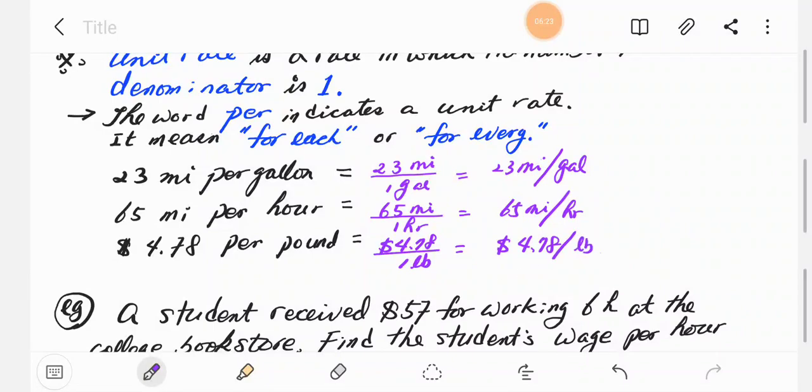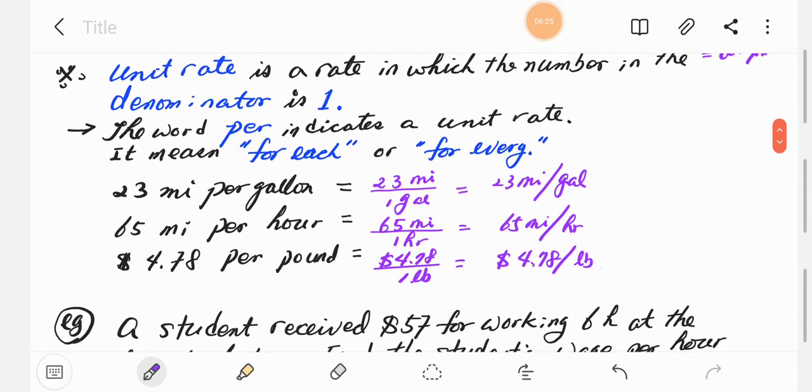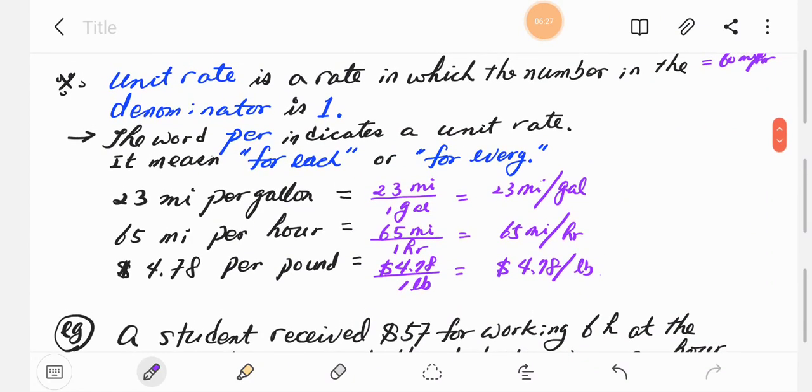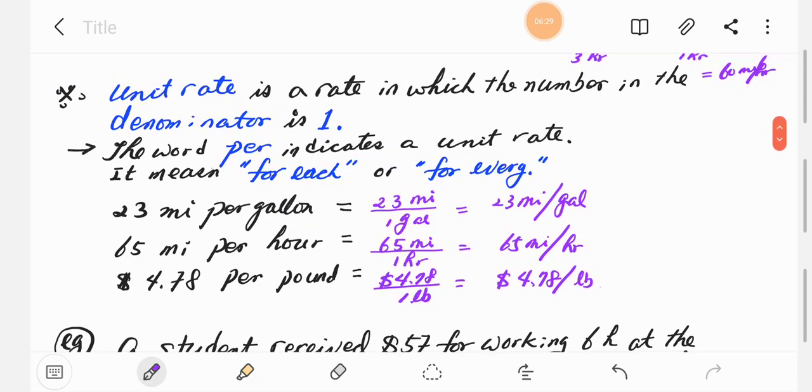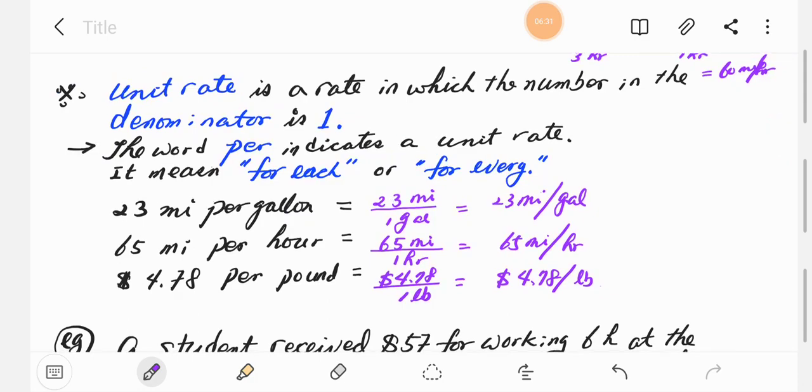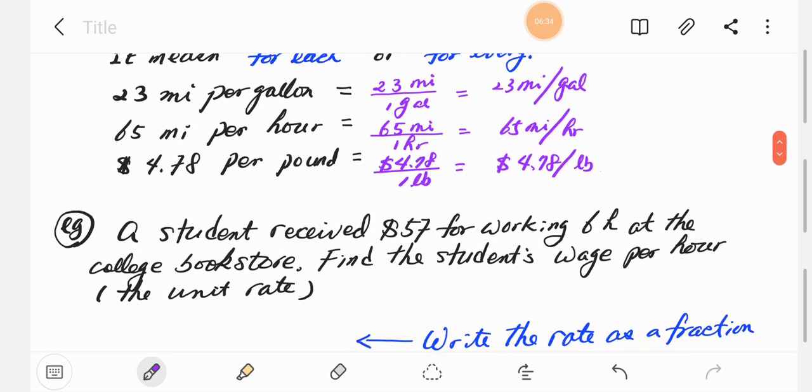So that is the unit rate. To get the unit rate, just divide the number in the numerator by the number in the denominator, and the denominator will be only 1 unit.